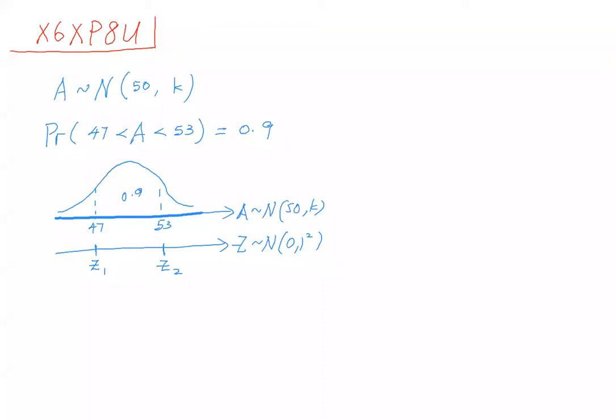If you have a look here, 50 is here, correct? Do you realize that it's symmetrical? If it's symmetrical, your Z1 and Z2 will be the same value but different sign. One is negative, the other one is positive.